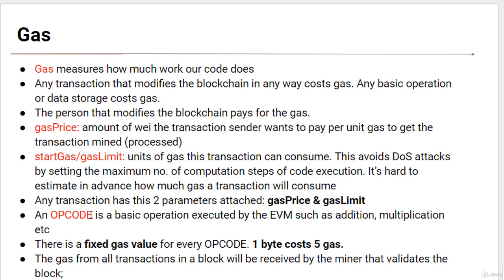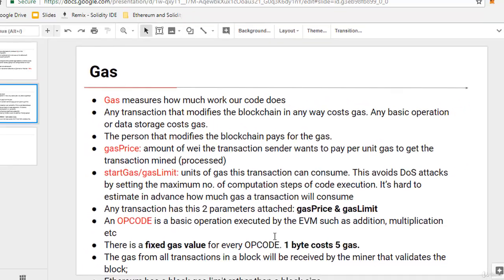An operation code, or simply an opcode, is a basic operation executed by the Ethereum virtual machine, such as addition, multiplication, and so on. We have a fixed gas value for every opcode, and to save 1 byte on the Ethereum blockchain, we must pay 5 gas.